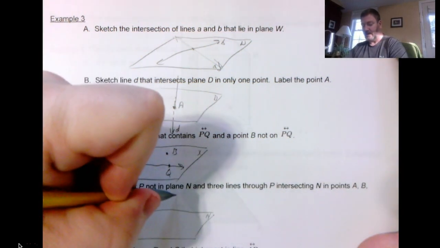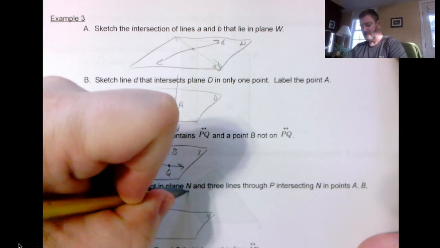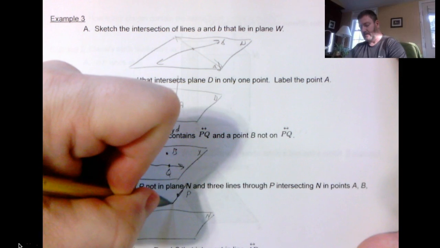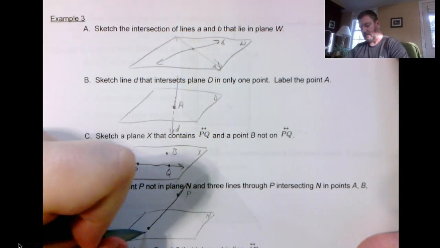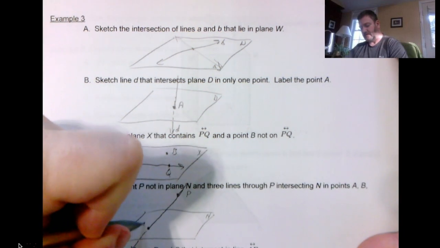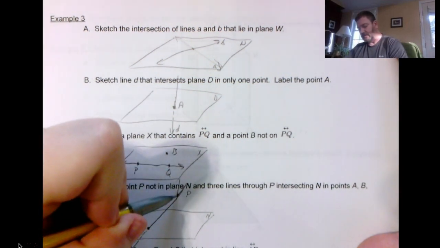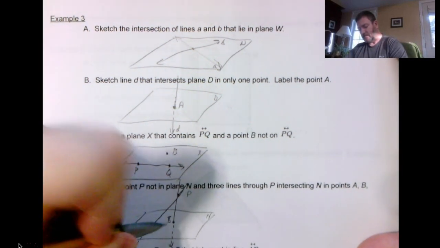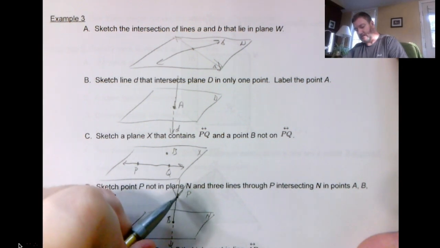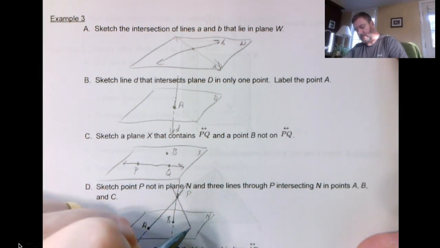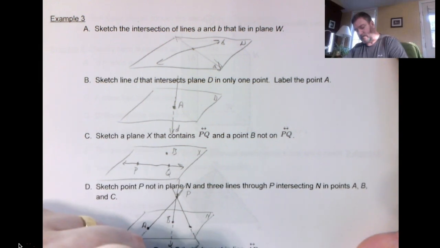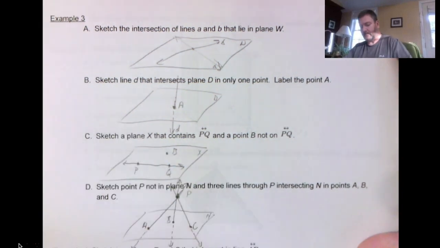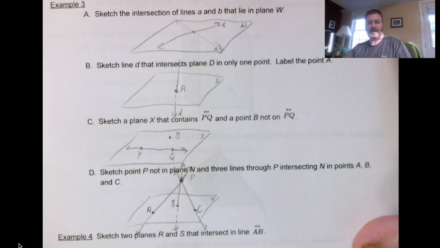I'm going to sketch a point P not in plane N. And now I have 3 lines that go through P. They hit plane N. This one hits at point A. This one hits at point B. And this one hits at point C. And there's an example of a sketch for part D.